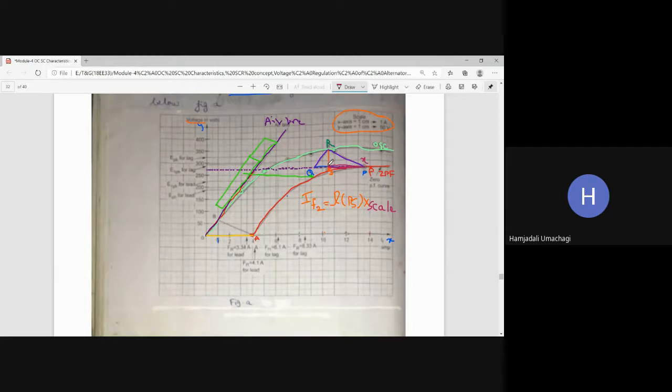If it is length of RS, meaning I into XL, it is length of RS multiplied by scale, and since RS is a vertical distance, take the y-axis 1 centimeter information. But now here IF2 is equal to length of PS. From this point to this point is my PS value. So measure the PS length and multiply it with the scale, that is 1 centimeter is equal to 1 ampere.